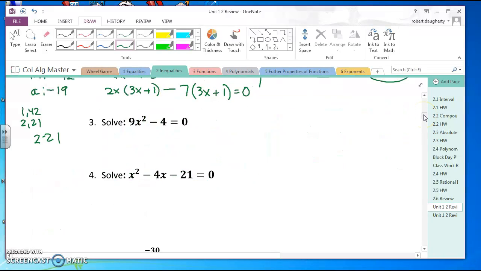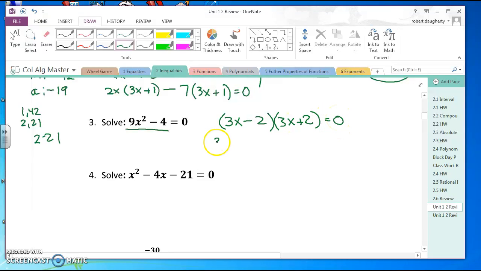Problem number 3, solve this one. You should recognize we only have one factoring method that we can apply for something with 2 numbers and a negative in between. That's the difference of 2 squares. So the square root of 9x squared, that's going to be 3x. Square root of 4 is 2, so 3x minus 2, 3x plus 2 equals 0.